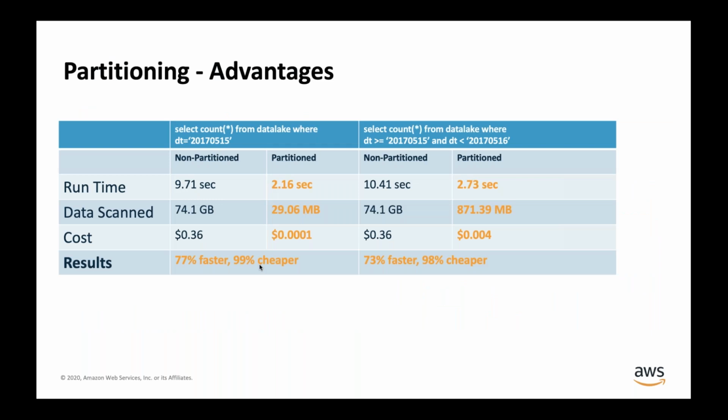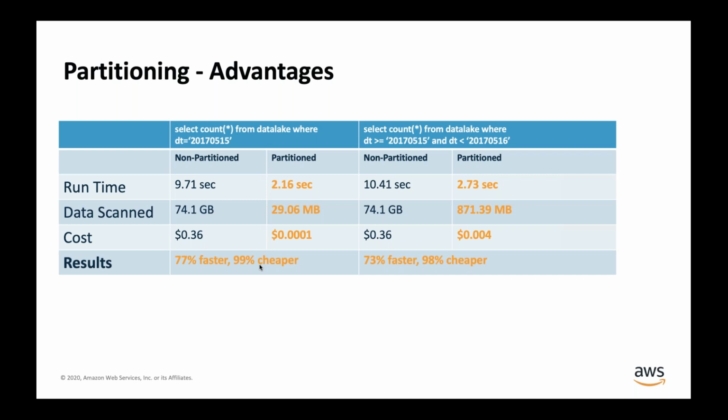So here are some real metrics. Fill a data lake with a bunch of data and then issue a really simple select query to just get a count of how many objects are in there. And you'll notice when comparing the non-partitioned to the partitioned, there's a huge performance benefit.